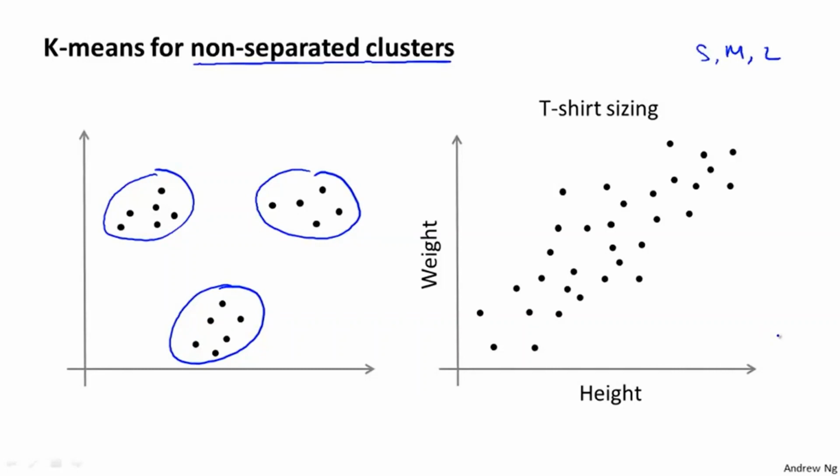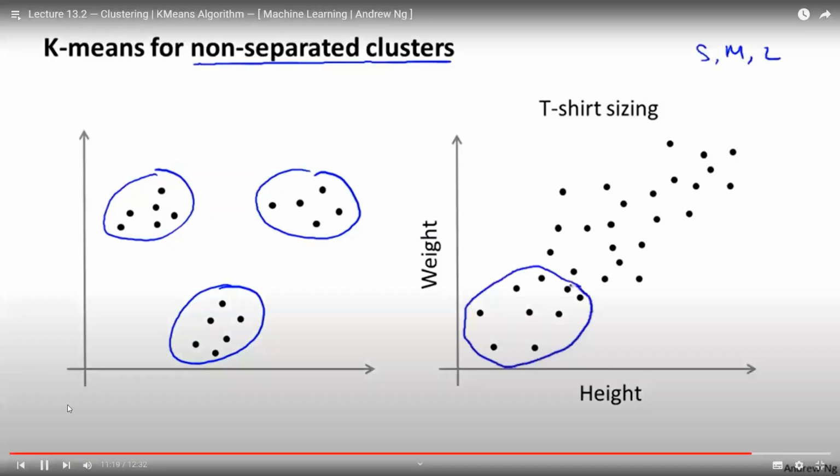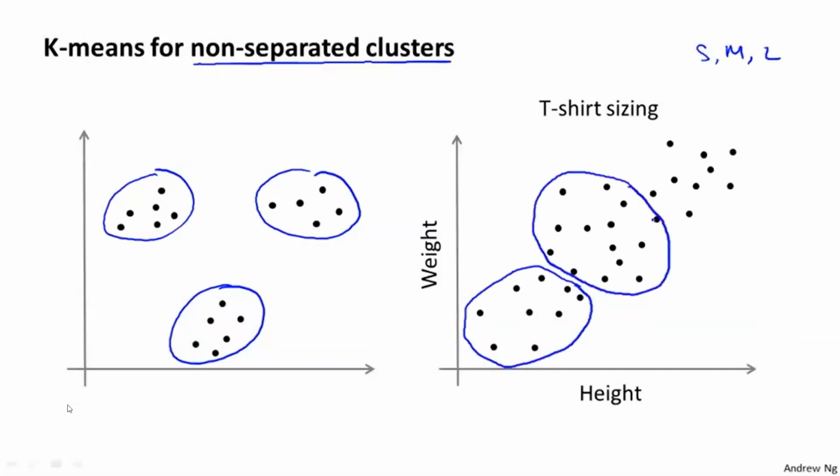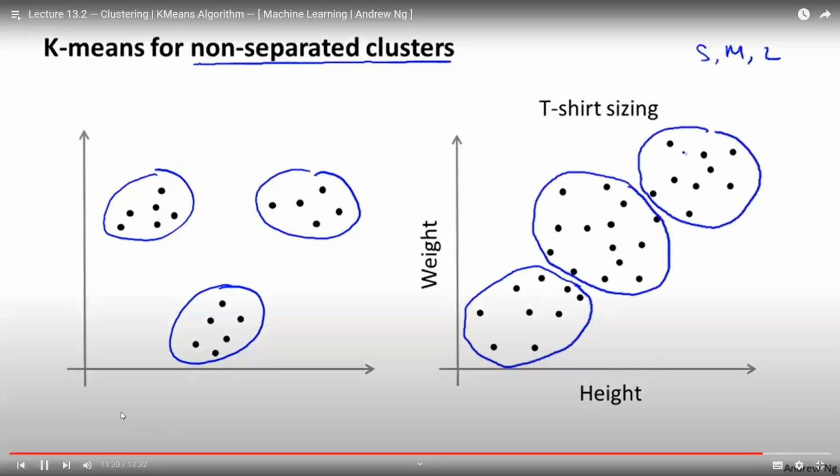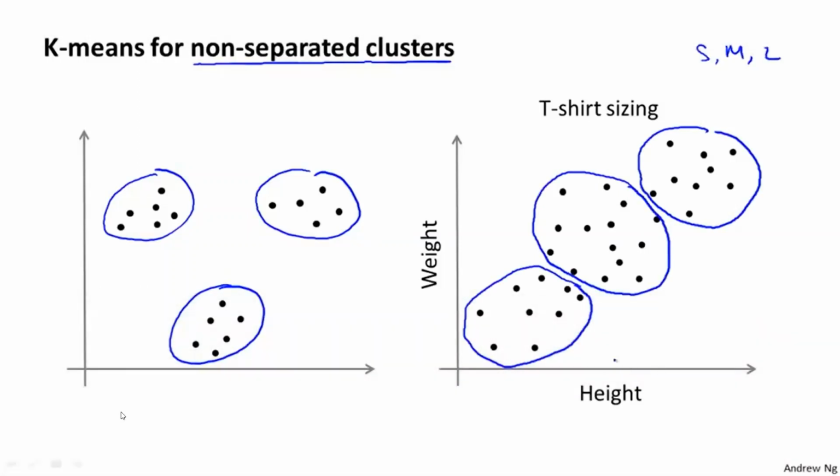One way to do this would be to run the k-means clustering algorithm on this data set shown on the right. Maybe k-means will group all of these points into one cluster, all of these points into a second cluster, and all of those points into a third cluster. So even though beforehand it didn't seem like we had 3 well-separated clusters, k-means will separate out the data into multiple clusters for you.